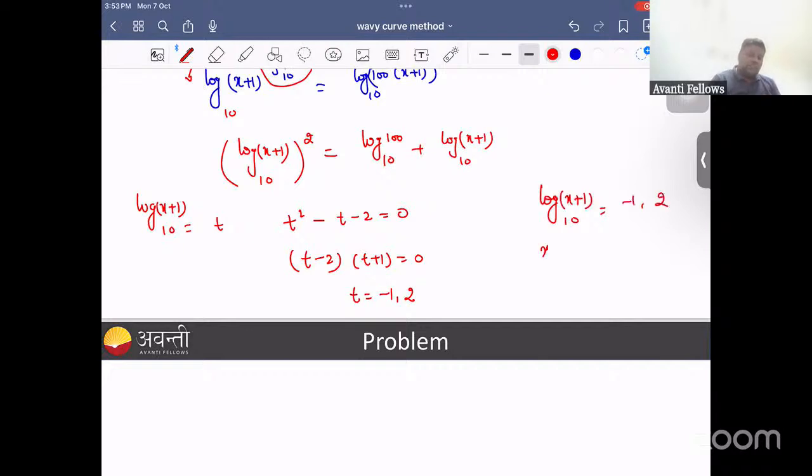So x plus 1 is what? 10 to the power minus 1 is 1 by 10 and 10 to the power 2 is 100. So value of x is 99 or minus 0.9.